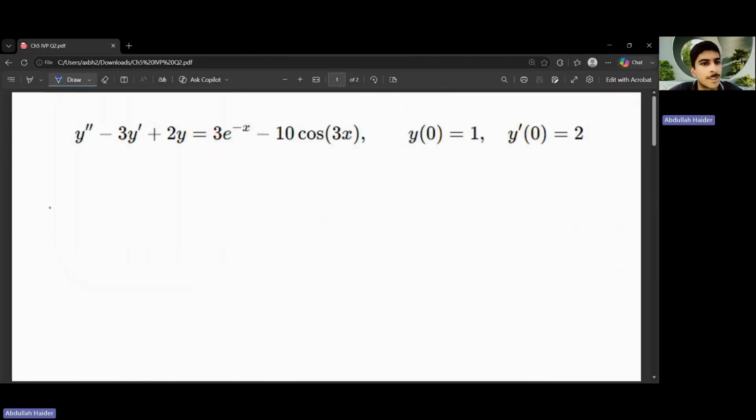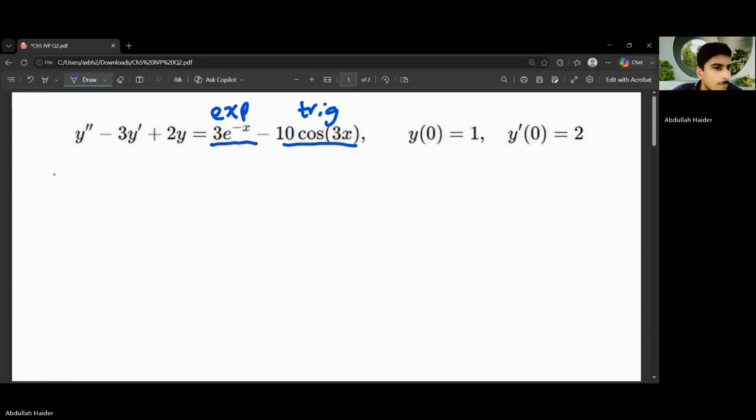All right, so we will be attempting this question. You have y double prime minus 3y prime plus 2y equals 3e power minus x minus 10 cosine 3x. Note that you have an exponential over here and a trigonometric over here.